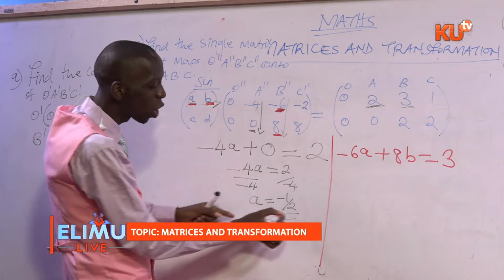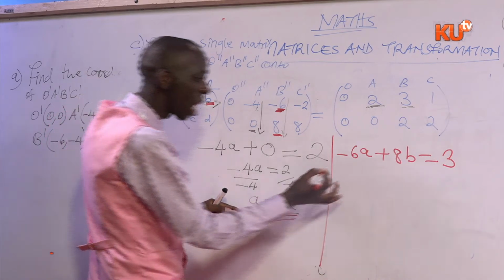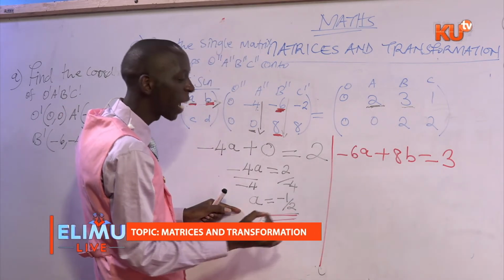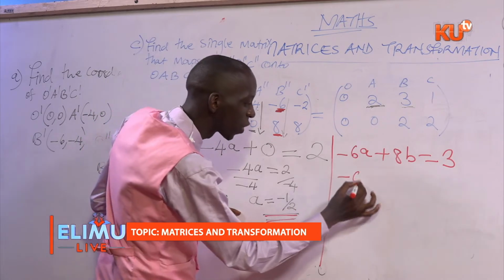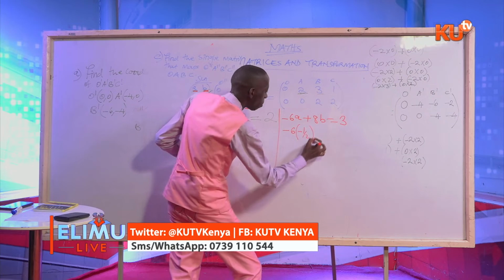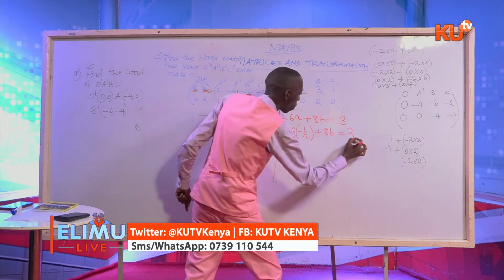Remember that we already have the value of A as negative 1/2. Therefore, we substitute where we have A with negative 1/2. Negative 6 times negative 1/2 plus 8B is equals to 3.